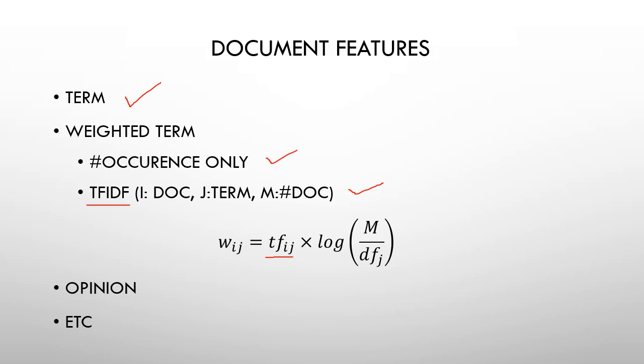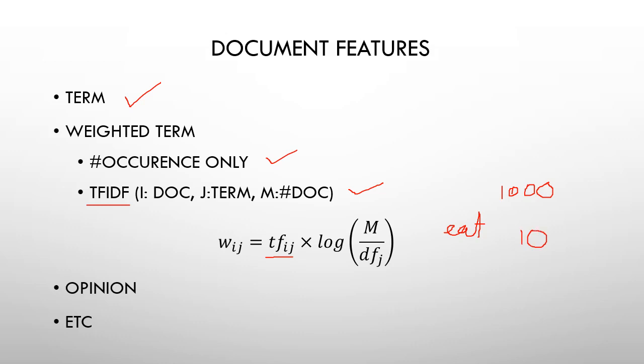So, for example, if we have a corpus of 1,000 documents, and a particular term appears in, let's say, 10 documents.